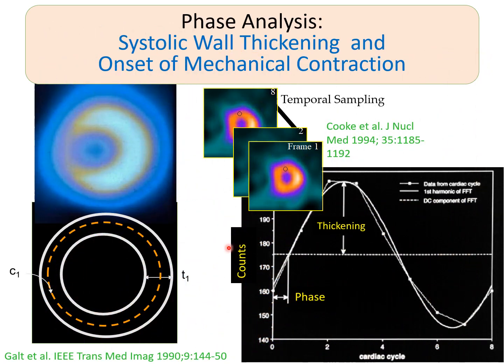Now, the technology behind this is, again, we use 8 frames per cardiac cycle. So for each pixel within the left ventricle, we track that pixel in terms of count change. And you can see here the cardiac cycle in terms of the 8 frames versus counts. You're seeing that as the ventricle gets thicker, the counts go higher.